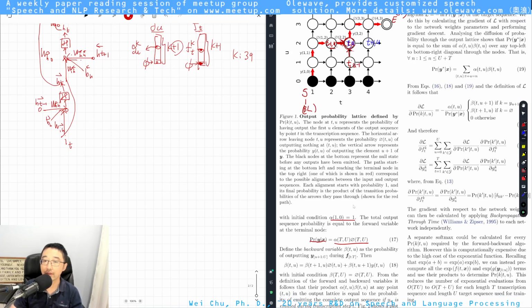And this is T, U plus 1, right? And you can see the backward variable is equivalent to the summation of two terms. The first term is going from T plus 1, U. This one is backward. Remember backward. Although the arrow is going from this way to this way, you go backward.